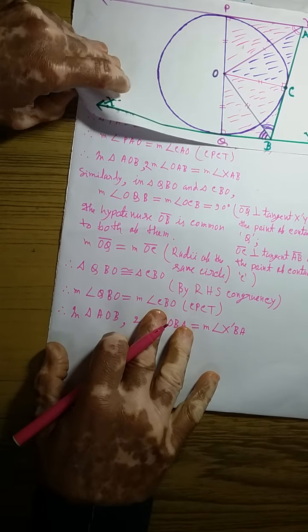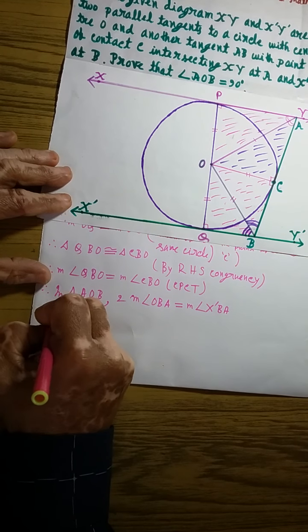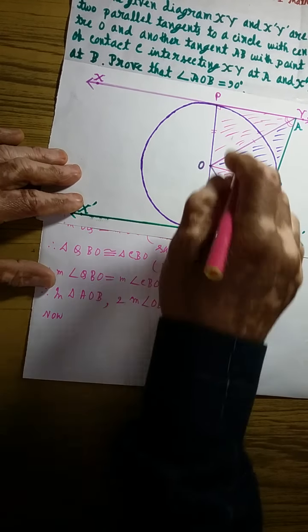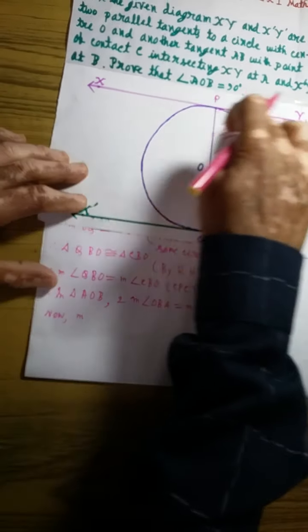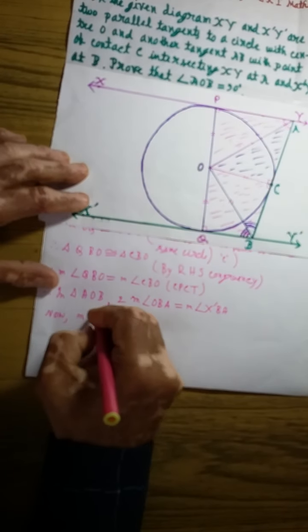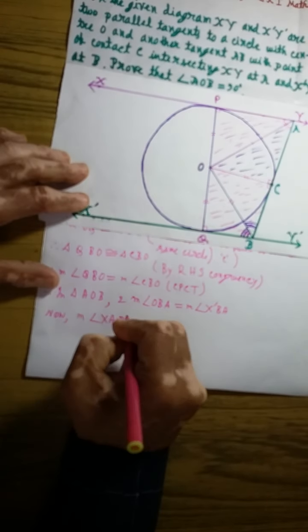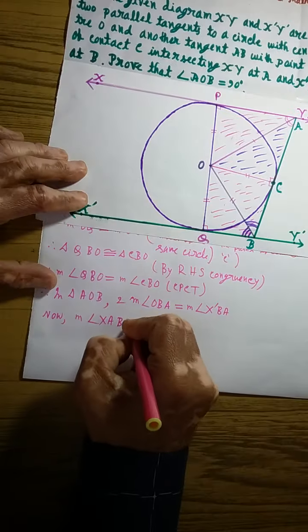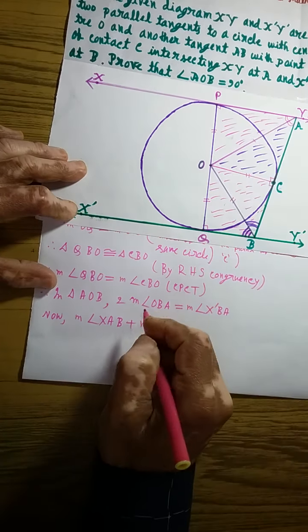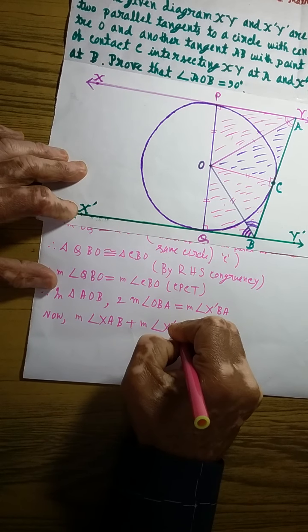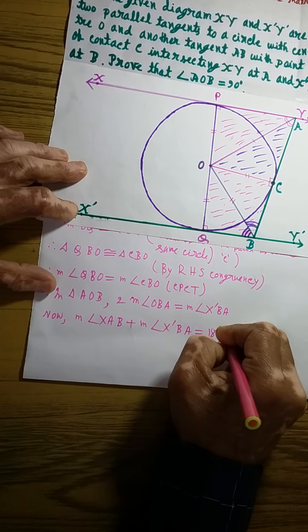After this, proceed in this way. Now the measure of the angle XAB plus the measure of the angle XDA is equal to 180 degrees.